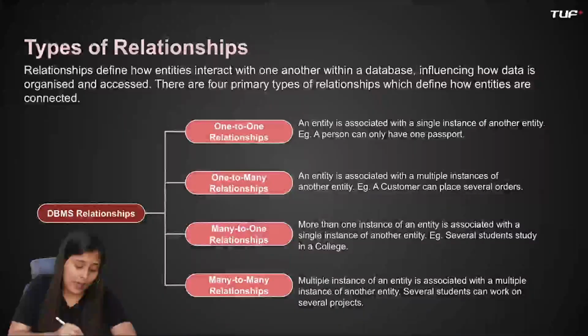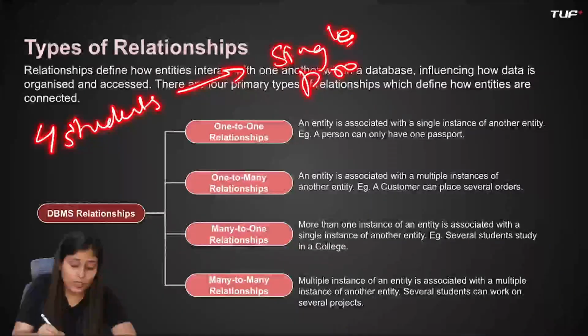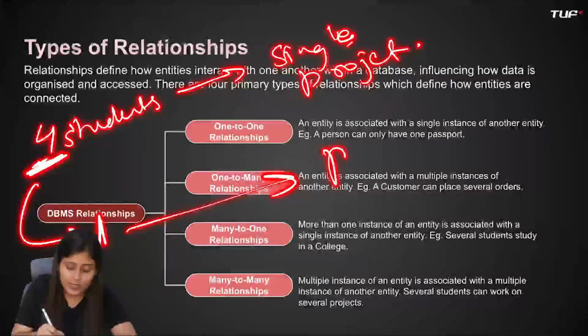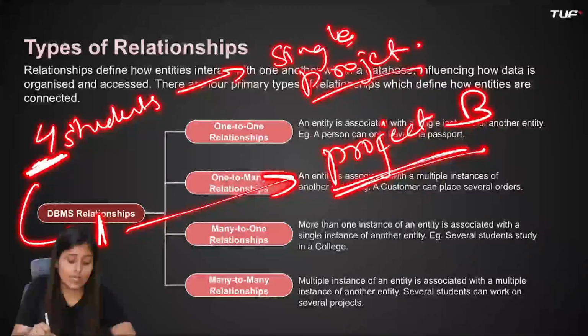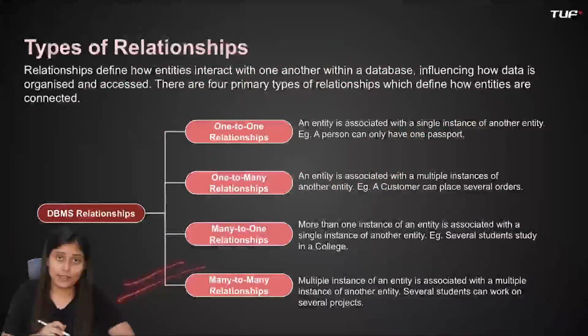Four students may be working on a single project at the same time. Out of these four students, one student may also be working on project B. So one student can work on different projects and multiple students can work on the same project. So it is a many-to-many relationship.